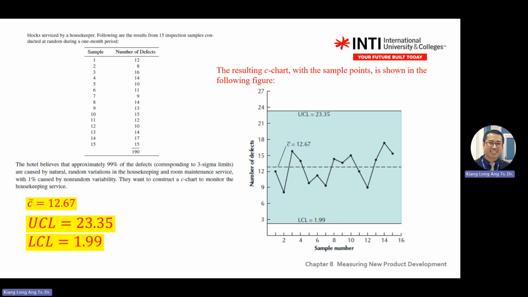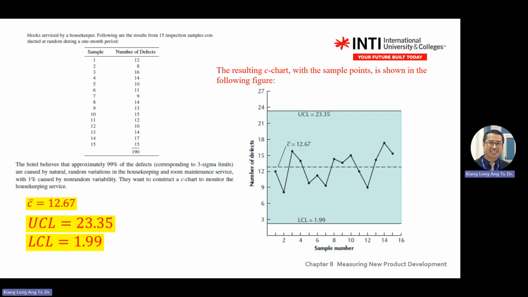So you need to mention: the answer is in control. Why? Because all the 15 dots, or 15 data points, stay within UCL and LCL. You need to mention this statement. If you explain something else, then no marks.